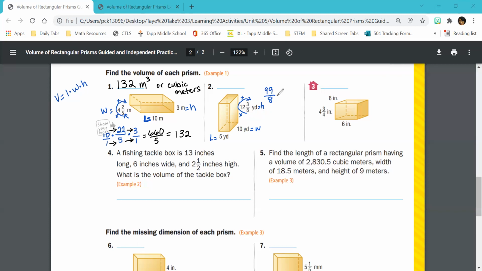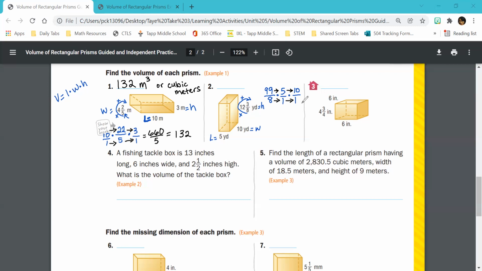And now I'm going to multiply that by my 5. And I could put that over 1 to make it look like a fraction, and times my 10. And again, we are multiplying straight across for our numerator and our denominator.